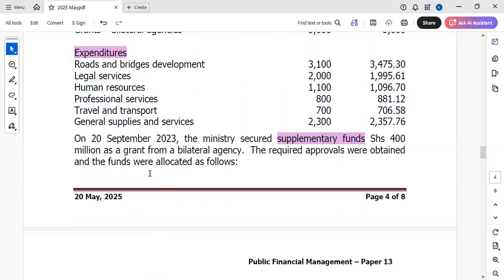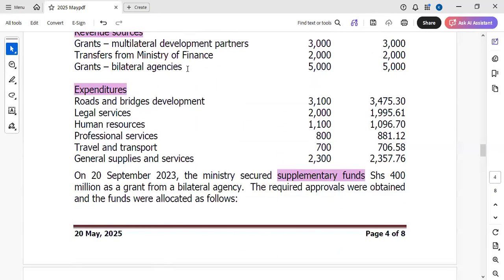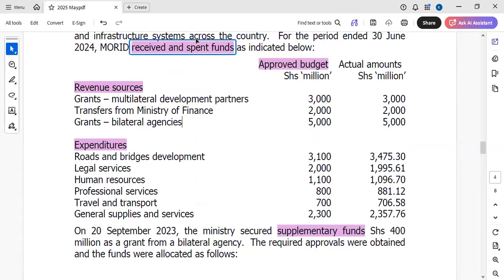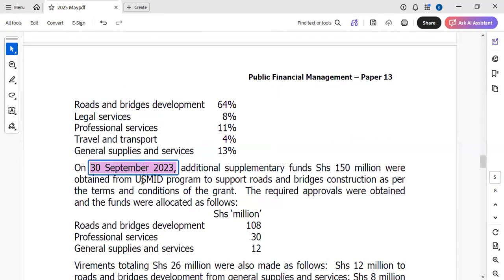So you will create another line as you deal with your revenue sources. That will be revenue from the USMID program. Revenue from this entity. So you create another line. It is always line by line.